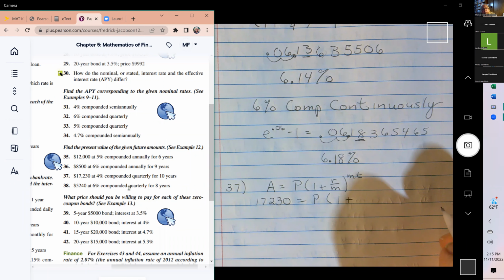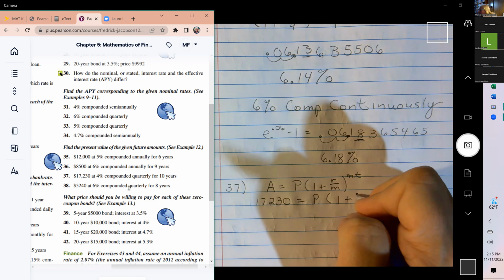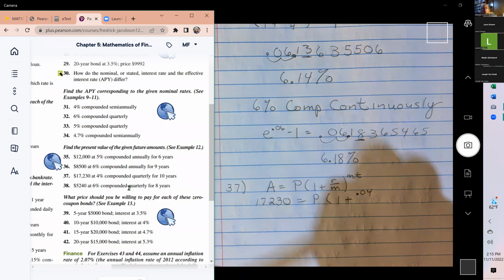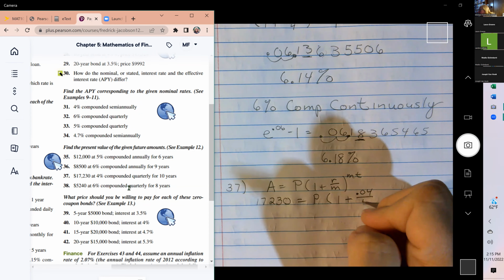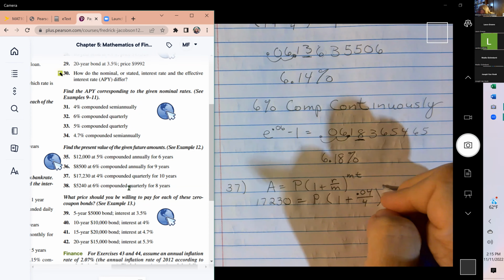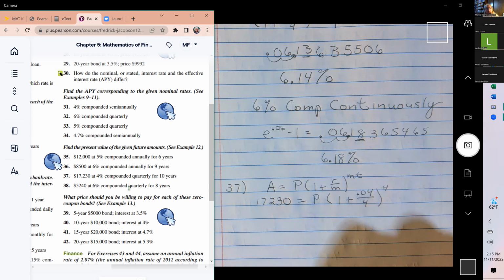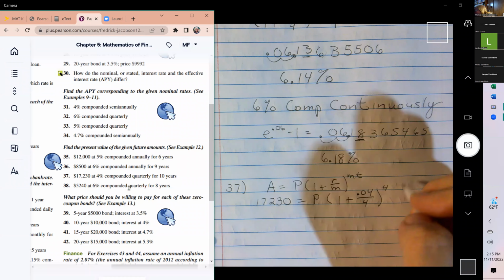R is your rate as a decimal. 4% would be 0.04. Remember, just divide it by 100 or move the decimal to the left 2. Compounded quarterly. We said quarterly was 4 times in a year. 4 times the number of years, which is 10.